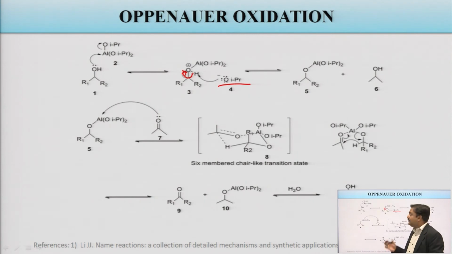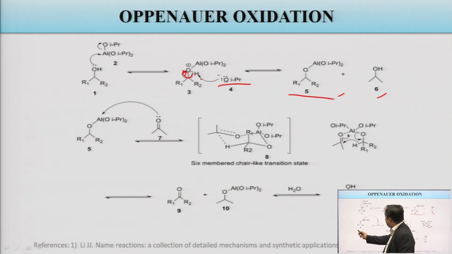At that time this oxygen becomes neutral again. Okay. So you can see over there we are getting this compound, and because this hydrogen is abstracted by this group, we are getting this compound also. In the next step you can see, now here comes the acetone or the ketone.